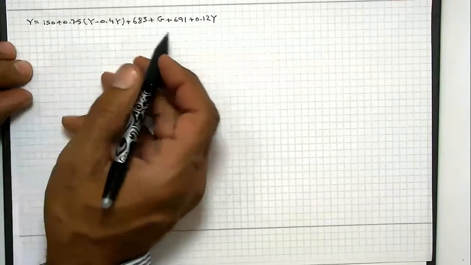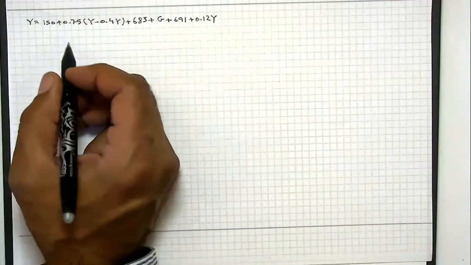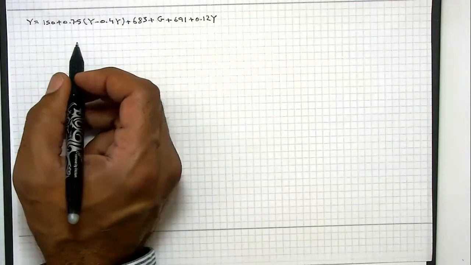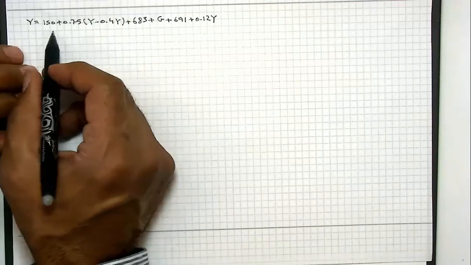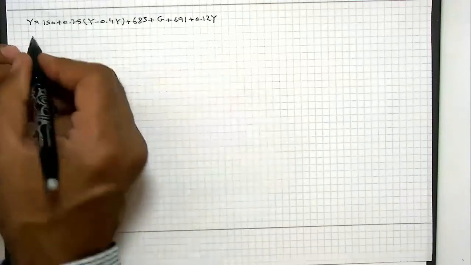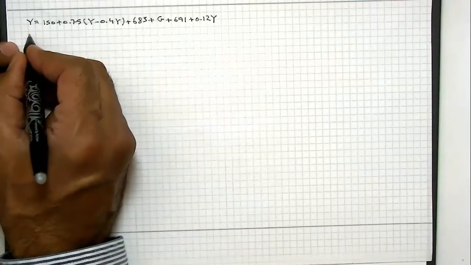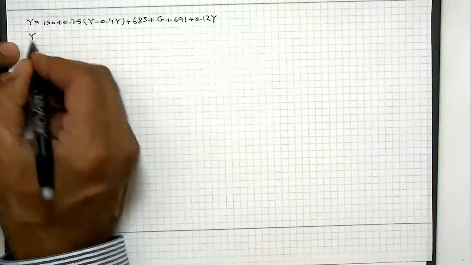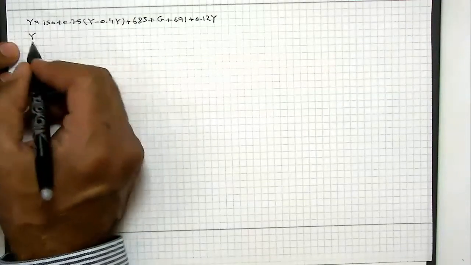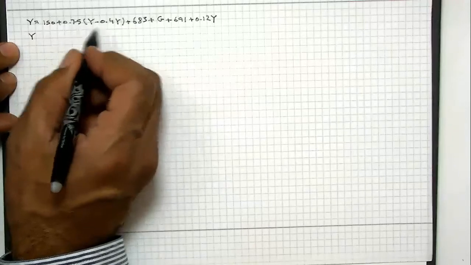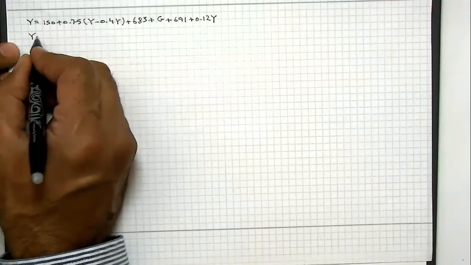And here we have an equation. We want to simplify it first, and then isolate y, all terms with y to the left.